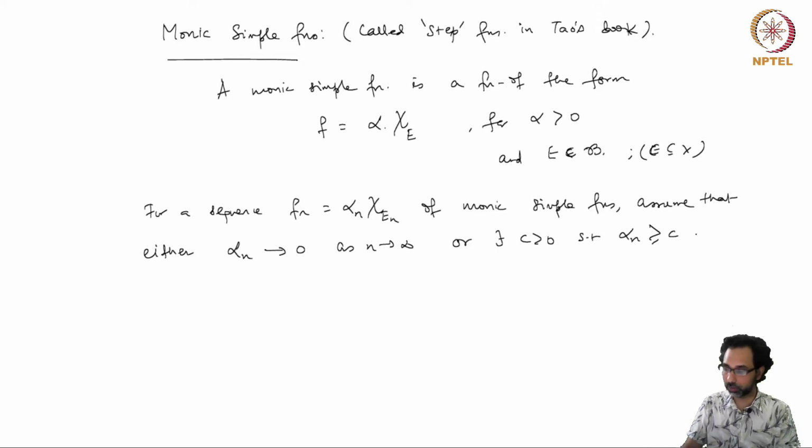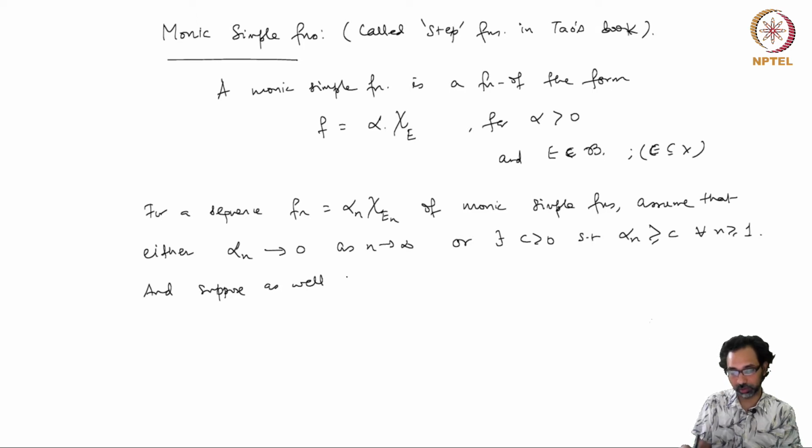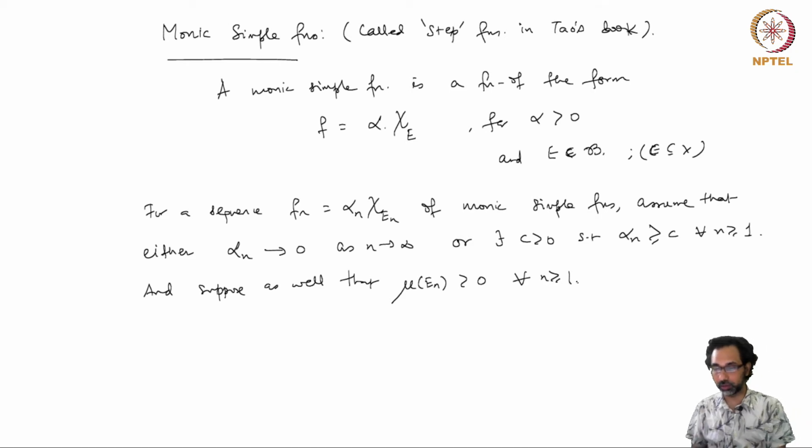So c is a lower bound for the alpha n's, and we also suppose as well that the measure mu of En is strictly positive for all n greater than or equal to 1.